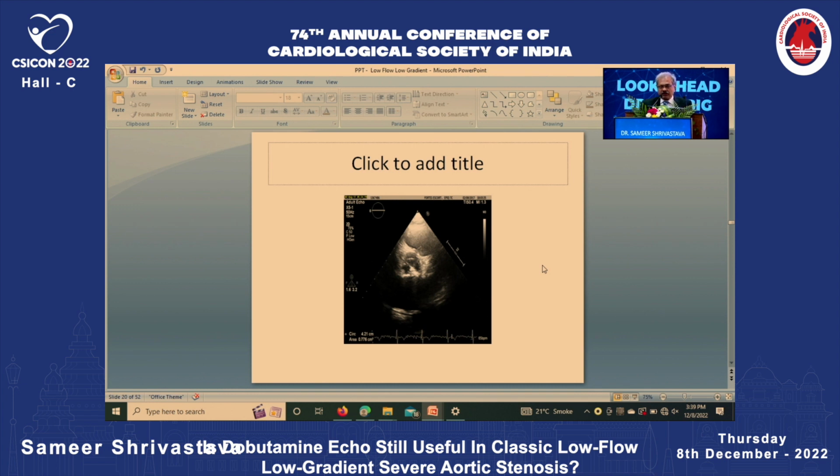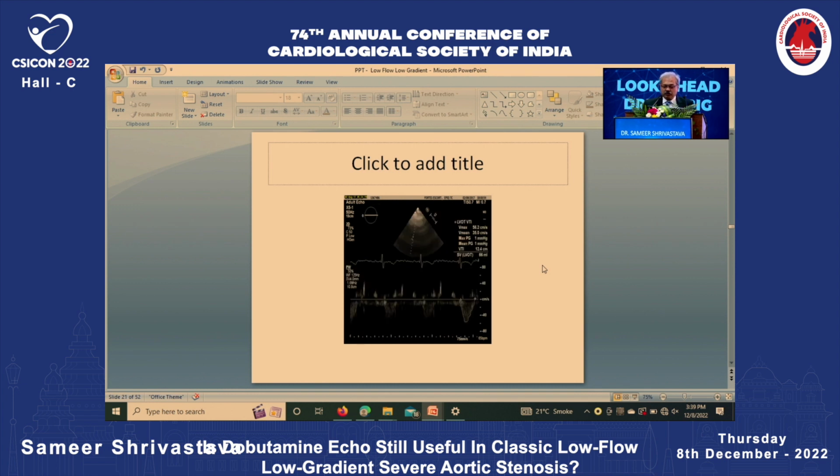So this is always a debate which continues. So we did some calculations here. If you look at this, the mean PG was 1 across LVOT. We tried to calculate the aortic valve area by continuity equation, and we found that the continuity equation was 1.10, 1.11. Now again, non-critical, should you do it, not do it, how to do it?